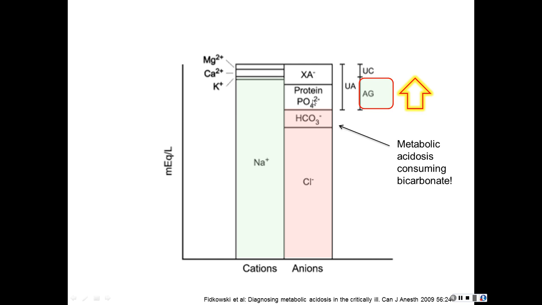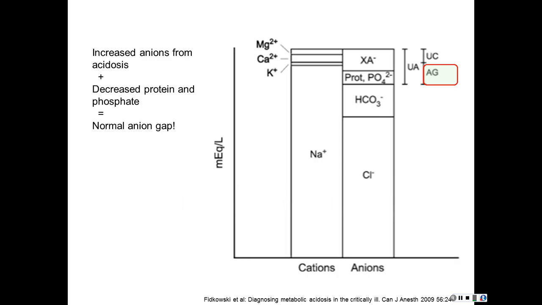So if your albumin's real low and your protein's real low, then having low proteins can sort of cancel out these increased organic acids, and you can miss that type of acidosis. You can miss a lactic acidosis or ketoacidosis pretty easily if you're looking at anion gap only without considering the effect of protein if they happen to have less protein than normal.